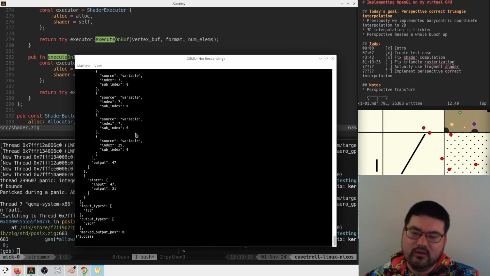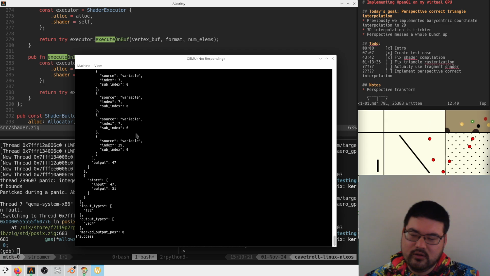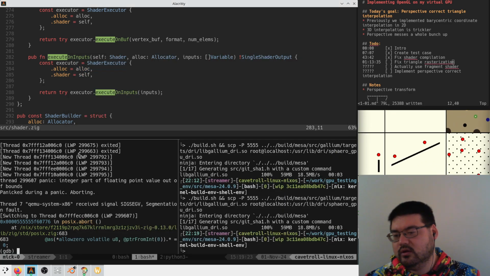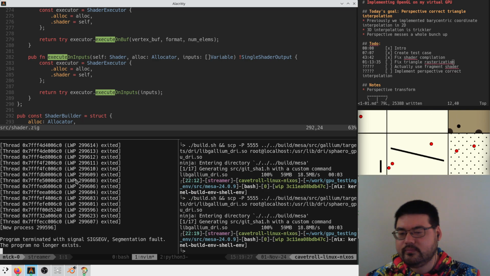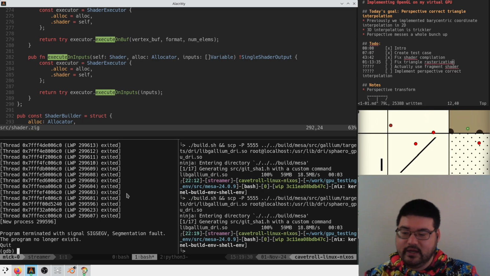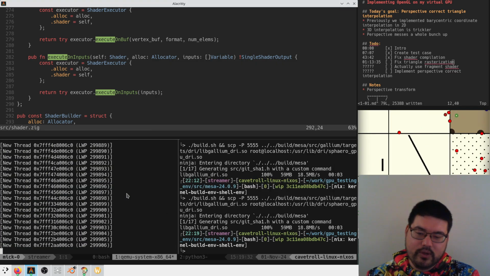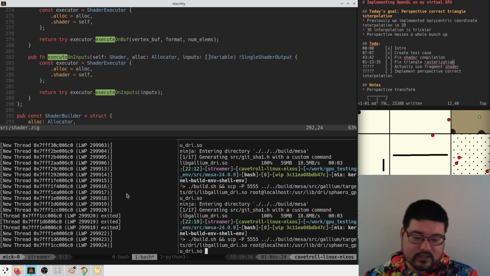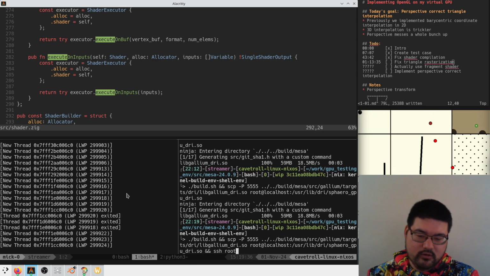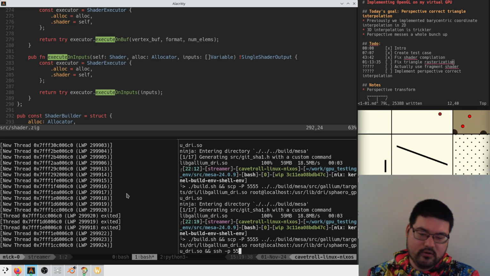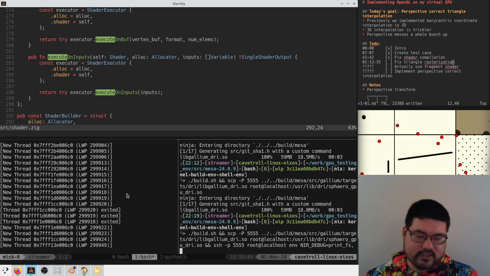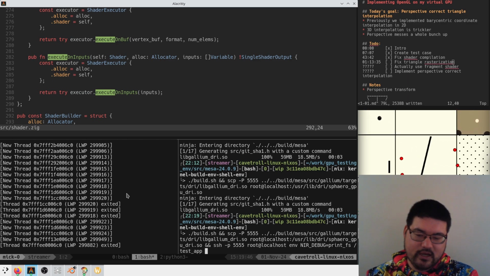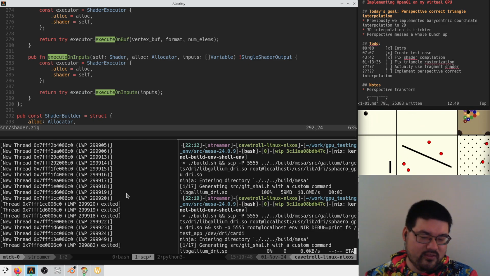That's annoying. But we would get to see it if we ran it in this terminal. I think it's root at localhost, env debug equals print fs, test app dev dri card1. I think that this is right.